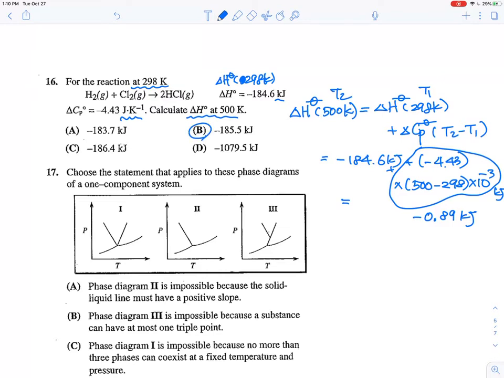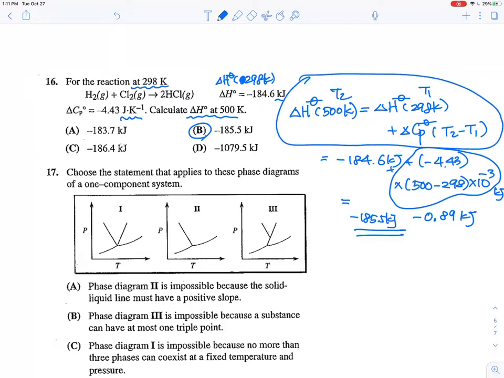The B is the correct answer: minus 185.5 kilojoule. Okay, so that's an equation that I think I didn't emphasize enough for estimating the enthalpy at different temperatures. For the designated temperature that we know from the table, this is how you can find the value at different temperatures.